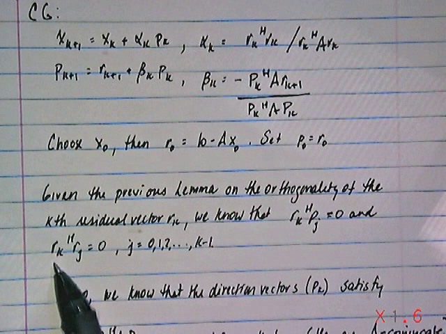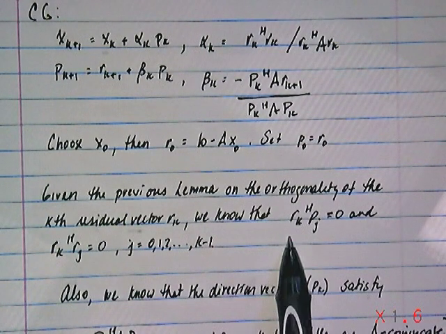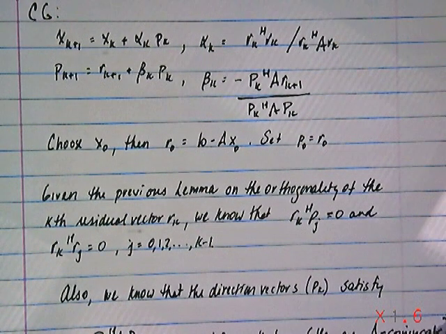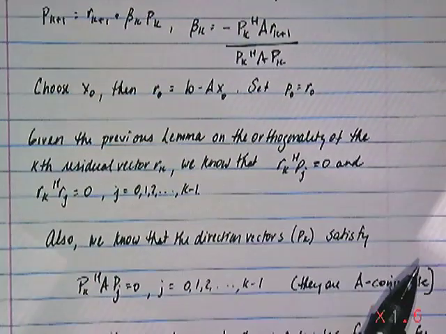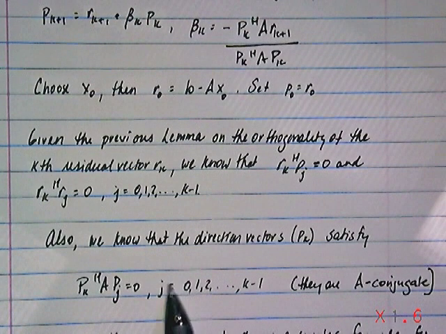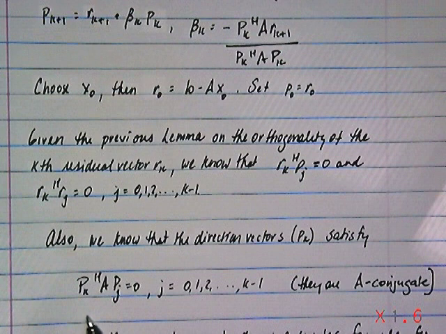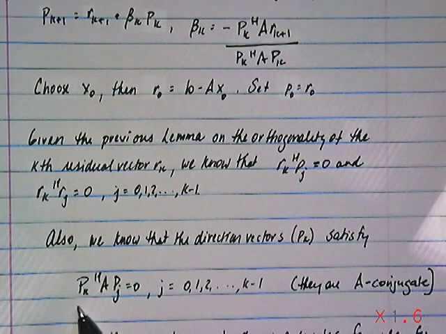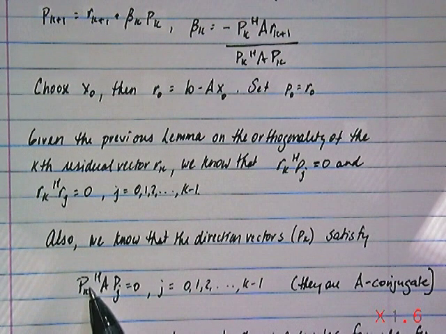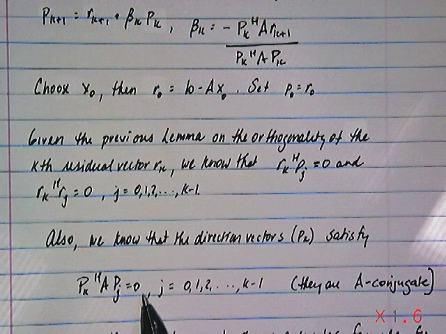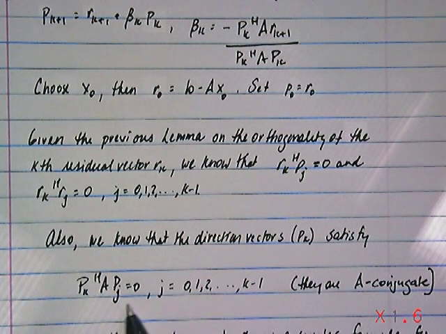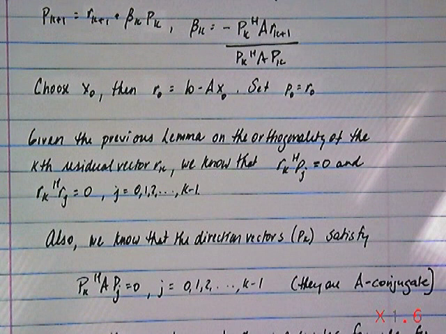What we also showed, and hence the name conjugate gradient, is that the direction vectors p_k themselves satisfy a conjugate condition, where p_k Hermitian transpose A p_j is always equal to 0 for any of the k's and j's. So they are what we say are conjugate.